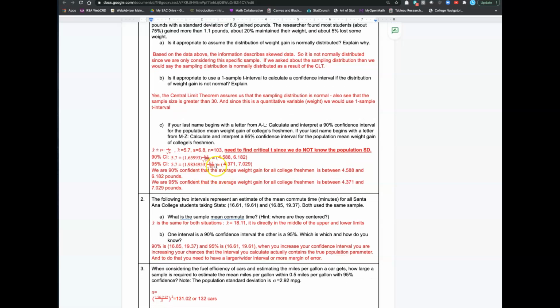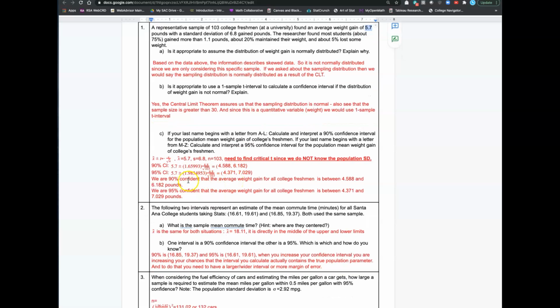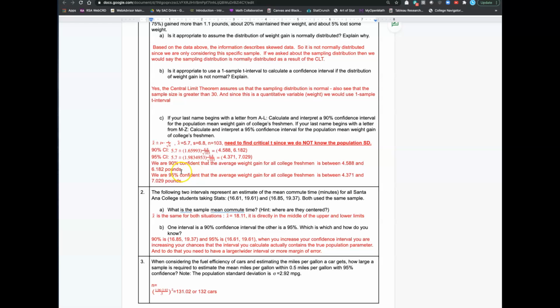And the most important thing here, since it's a t value, is that you're using the appropriate t value, right? The critical t value you'd use to calculate your margin of error. 5.7 is your sample mean, and that becomes the center of that confidence interval. And so that's what we would have here.